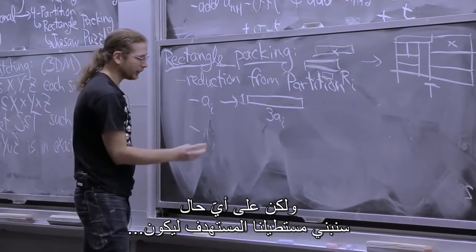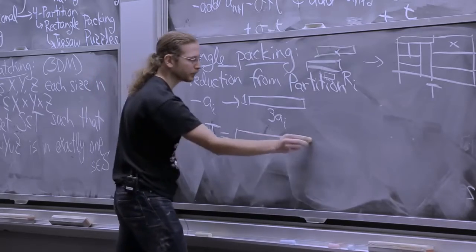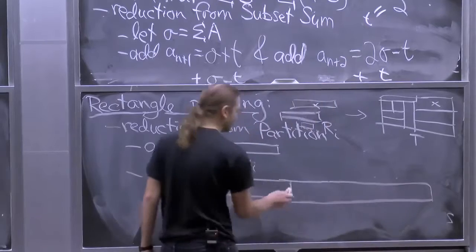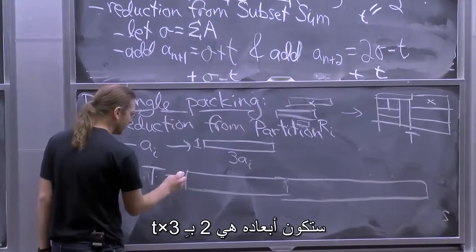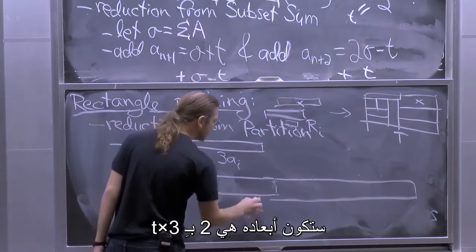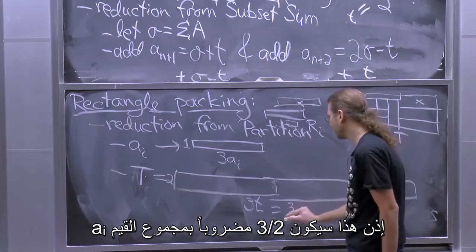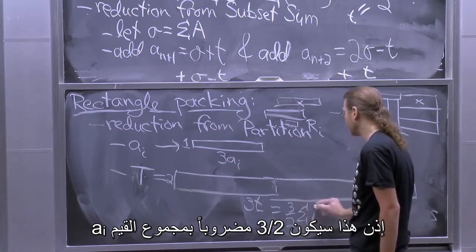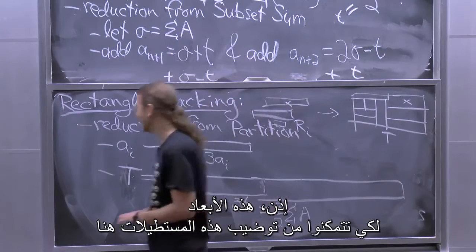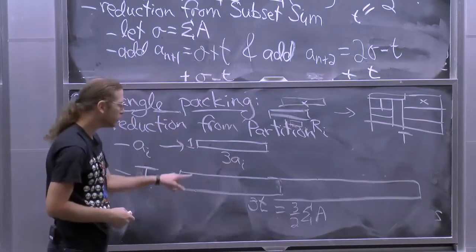But anyway, we're going to build our target rectangle to be really big, but it's going to be 2 by 3 times t. So this is that thing. So this is 3/2 the sum of the a's. That's about it. In order to pack these rectangles into here, because each of them is at least 3 long, you cannot pack them vertically.